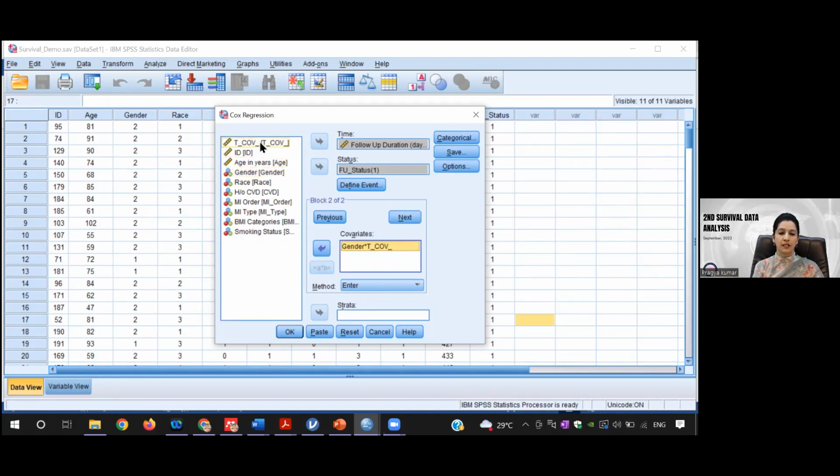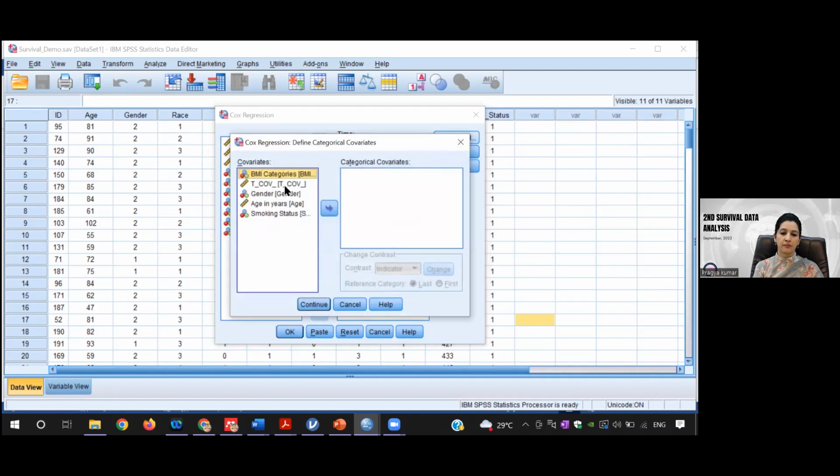Again, you can click this with any other variable, like maybe you can do it with smoking, and then press here. You go to the Categorical like we have done previously. So move BMI category, gender, smoking, the way we did it for the Cox regression.